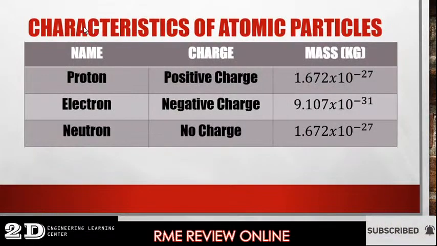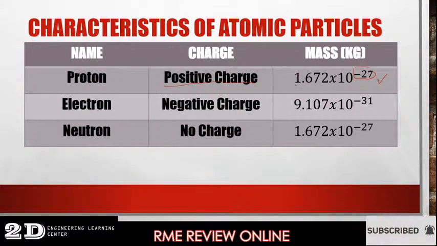Okay, so these are the characteristics of the atomic particles. So first we have the atomic charge. So we have the proton. So the proton is positive. Ang mass ng proton sa ito, so if sasabi nyo parang daming number yata yan, so the exponent is negative. So meaning 1, bago dumating 1, meron pang 26 zeros from the decimal point.